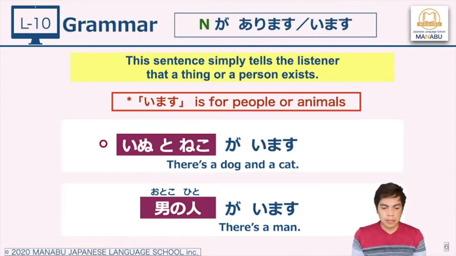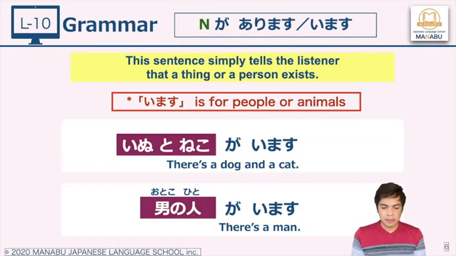In this example, inu to neko ga imasu. If you remember the particle to, inu to neko, dog and a cat. Particle ga imasu. Once again, imasu means to exist but for living things. So inu to neko ga imasu. There is a dog and a cat.